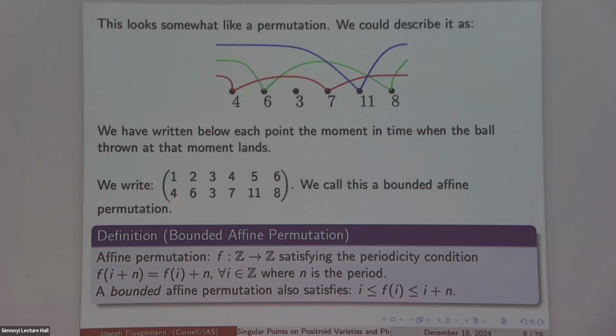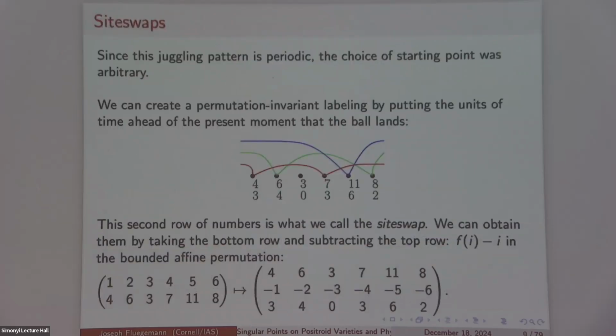Is there a version where you use two hands? Okay, so if n is even, there are some cases in which you could just think of the seconds as repeating. You don't want to have balls landing in your hands at the same time.